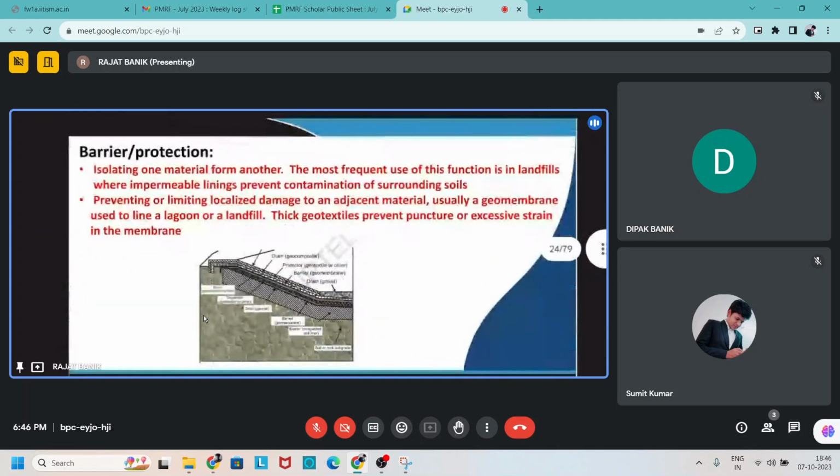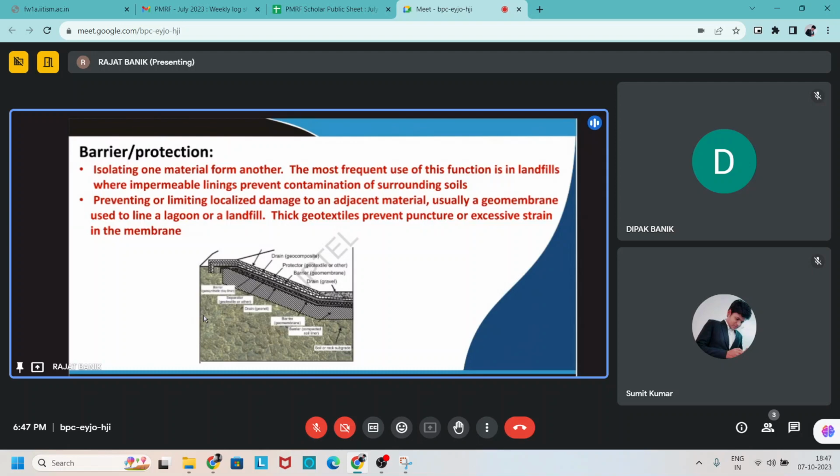Now we come to the function of this geosynthetic material for protection. By the name, we can say we bear some, or we protect some structure from other physical or chemical forces. So we use it as a bearer, or we can say a protector, isolating one material from another.